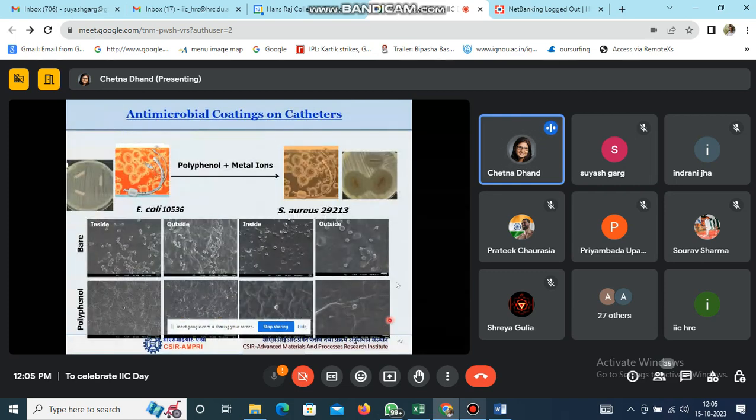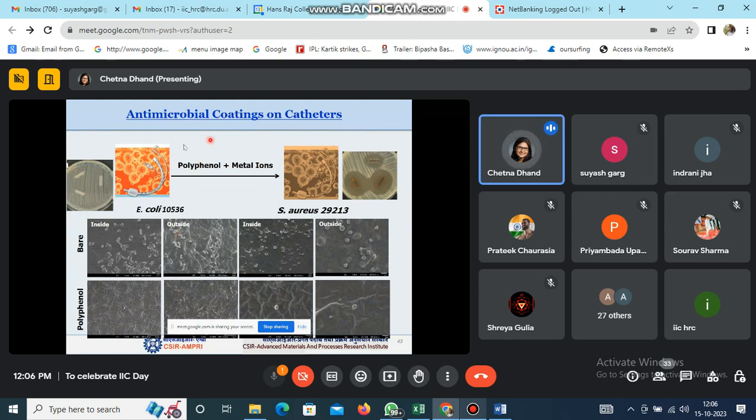This is on the antimicrobial coatings on catheters. I think this is also very common, that urinary catheters are very prone to bacterial adhesion. Most of the patients on catheterization, around 70% of cases, with long-duration catheterization, get infection because of the infected catheters.